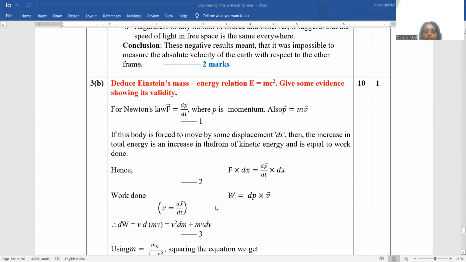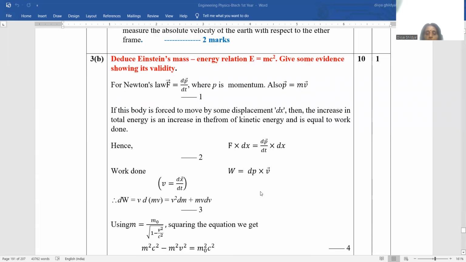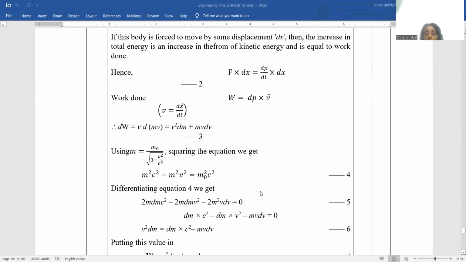Einstein mass energy relationship and evidence showing its validity. So from Newton's law, I know that force is equal to dP by dt, where P is momentum, and work is force into displacement. I put the numerical value here using the expression for relativistic mass m equal to m naught upon under root 1 minus v square by c square.